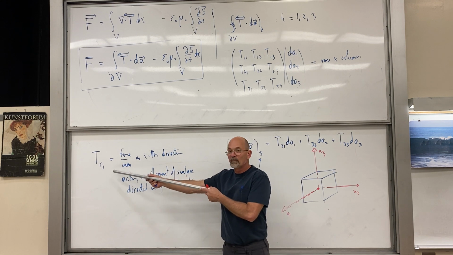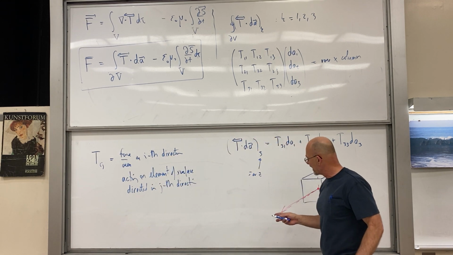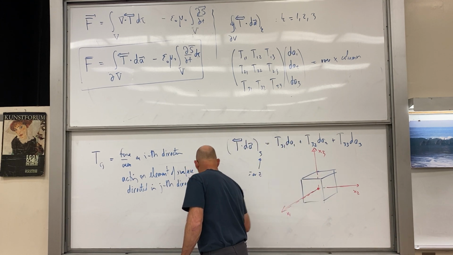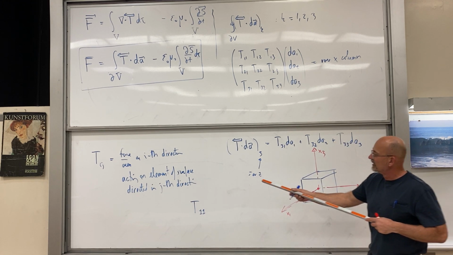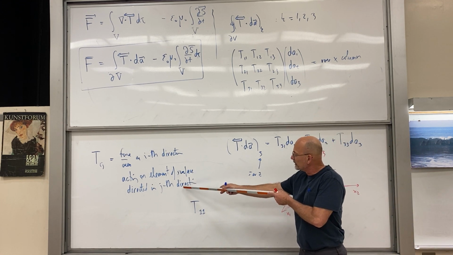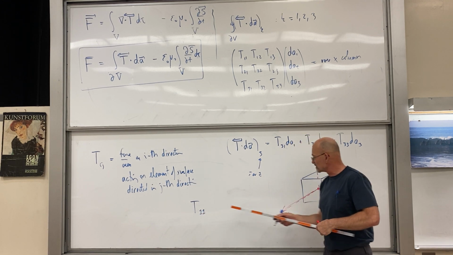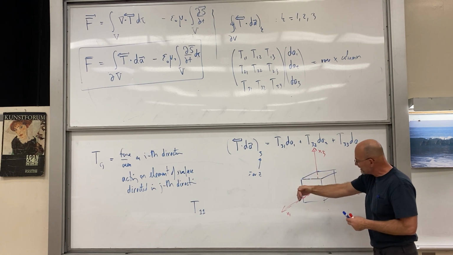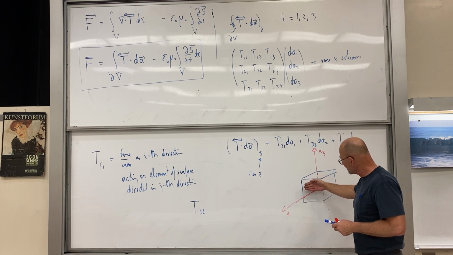So this is the electromagnetic force acting in the ith direction. So suppose we have T11. It's acting in the ith direction on an element of surface directed in the jth direction, in this case in the same direction. So this is the 1, 1 surface, and we've got a force acting on that surface. So either in or out, acting on that surface.